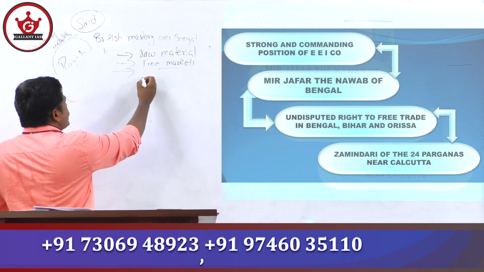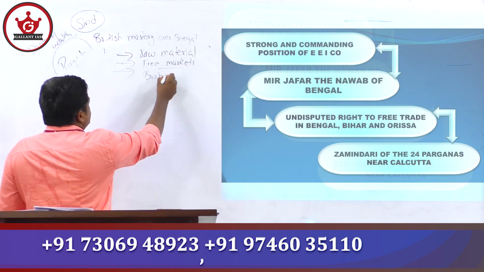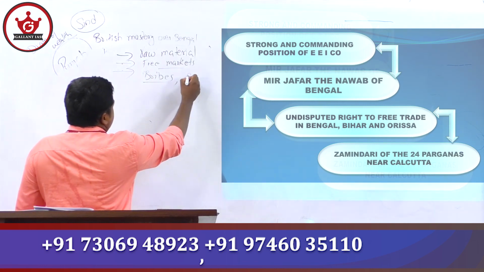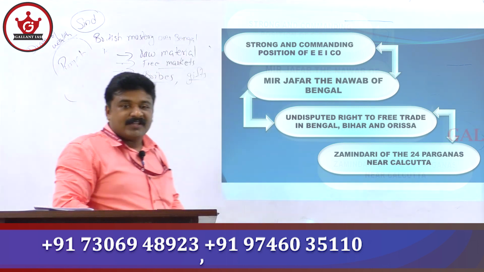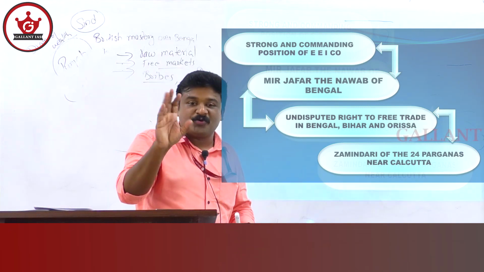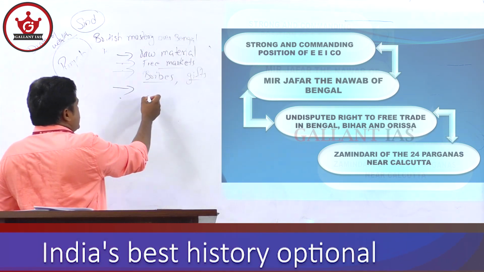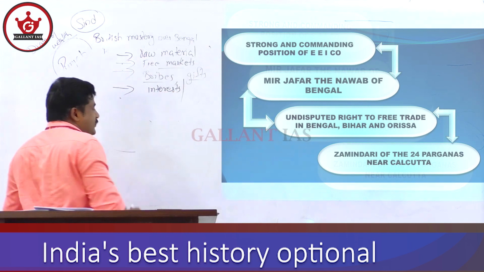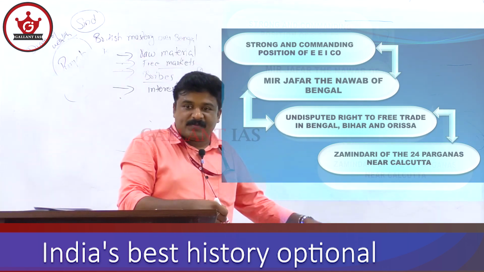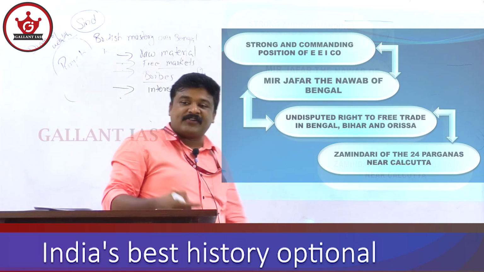Again, there are bribes and gifts. They started collecting huge bribes and gifts from Indian landlords, zamindars, and Indian rulers. For their capital investments here, they got a fixed interest. That was also one way of draining wealth out of the nation.